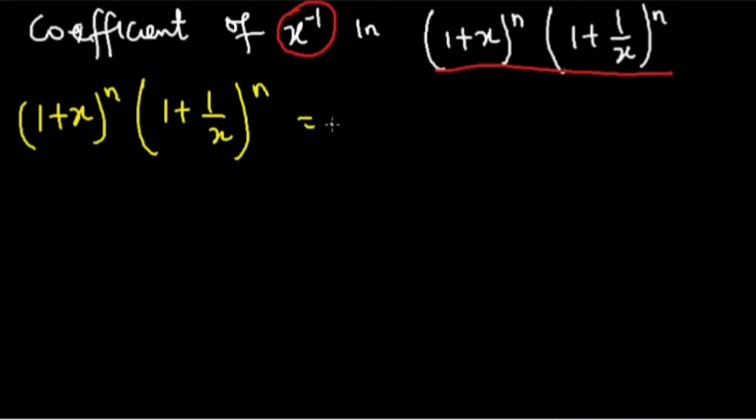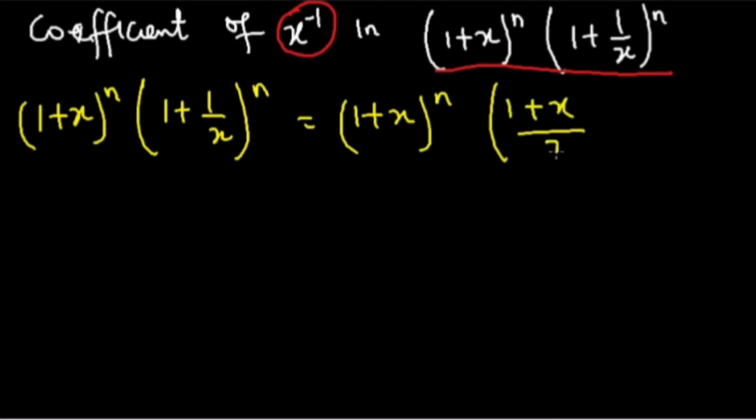I can as well write this as (1 + x)^n into, if I find the LCM, (1 + x)/x raised to the power n.